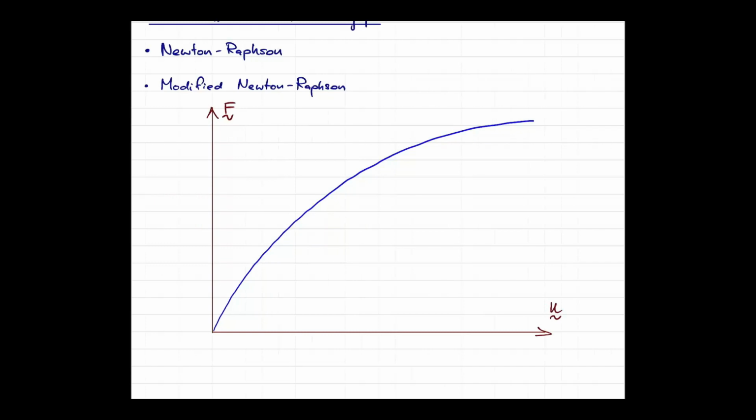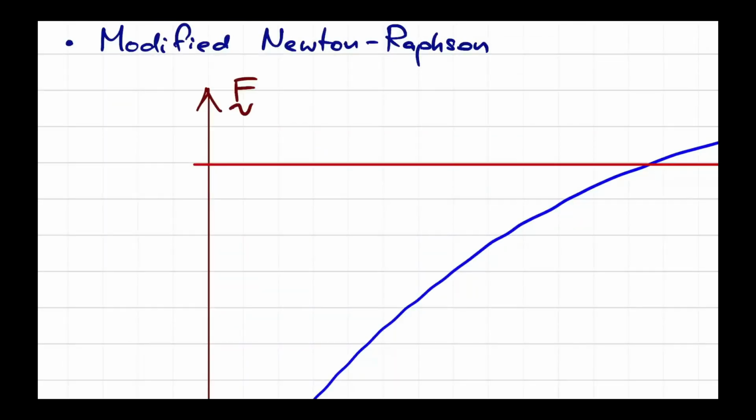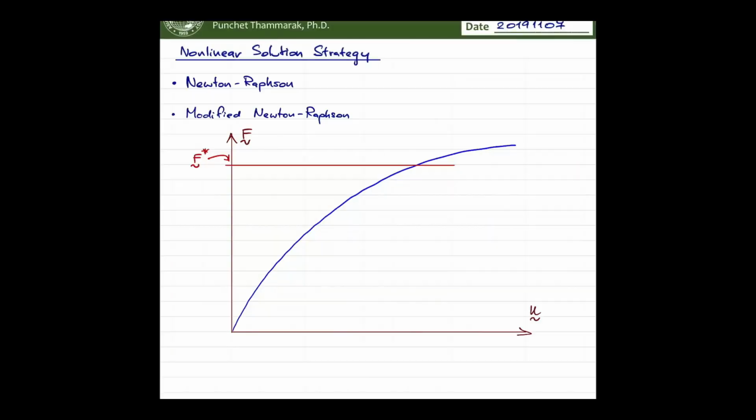Here the red line is defined by F star. It is your target, the force that you externally apply.